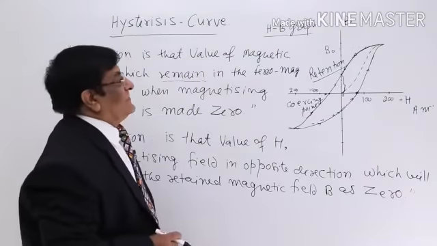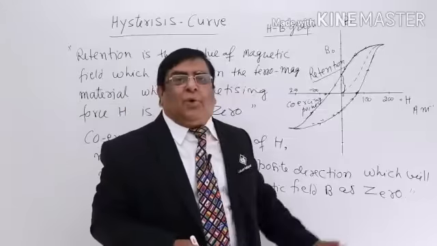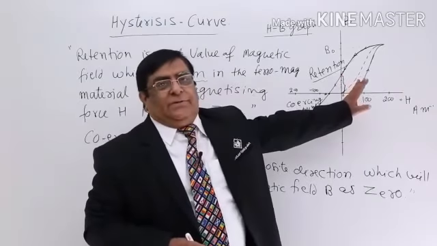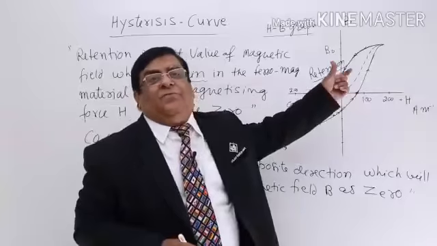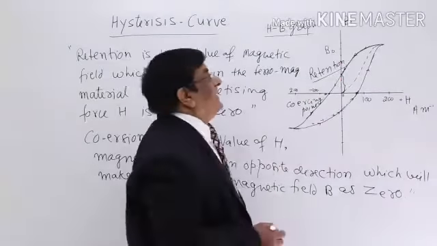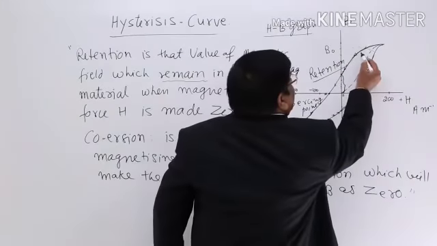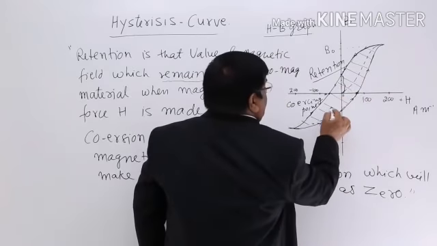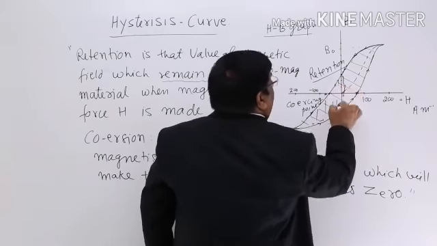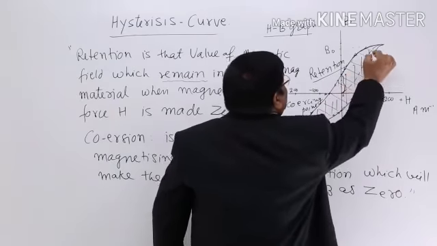Now after this, another thing, what is the importance of this curve? The answer: the importance of this curve is the area within the curve. Area within the curve is this area. Now, what is represented by this area?